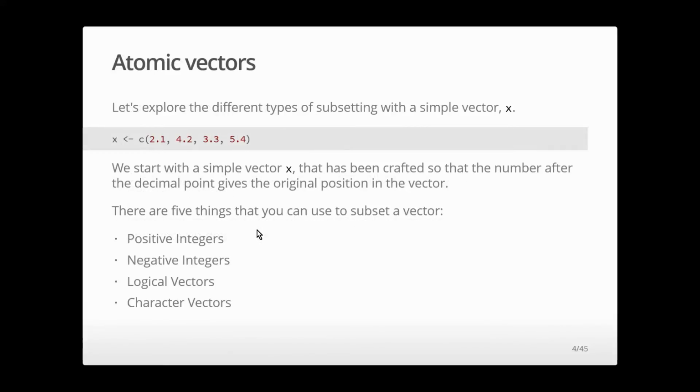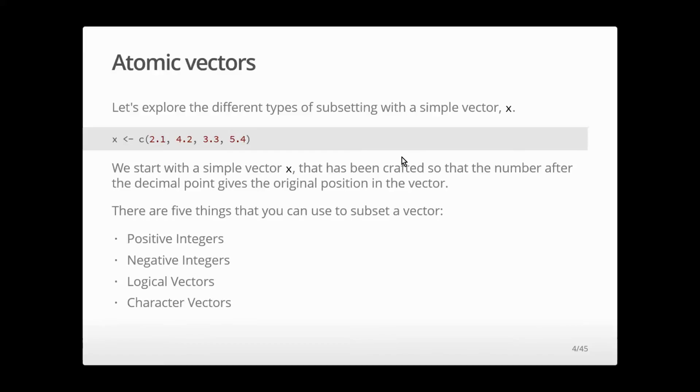As far as atomic vectors go, we use the single brackets, and you can use integers, negative integers, and then logical and character vectors. The demos I'm using will use this vector of numeric values. They're written in such a way that you have 0.1, 0.2, 0.3, 0.4 to indicate the first, second, third, and fourth elements.